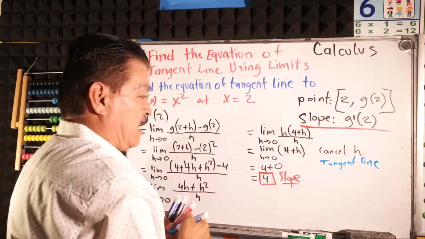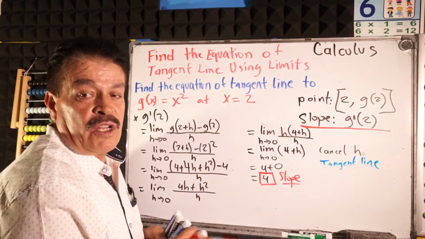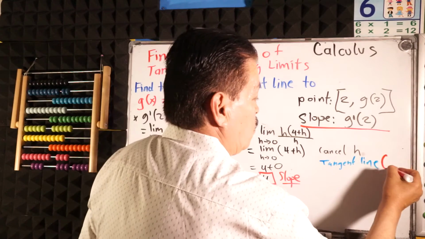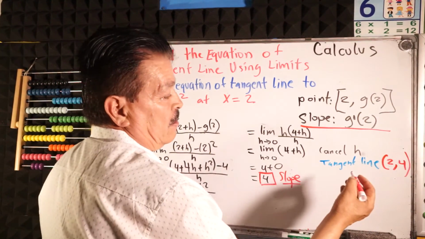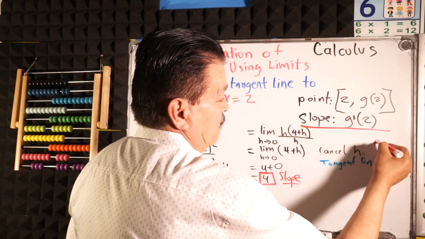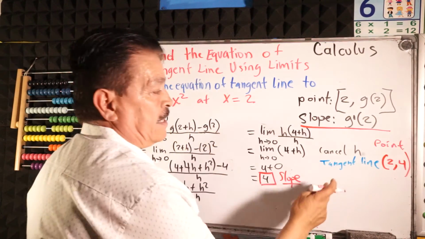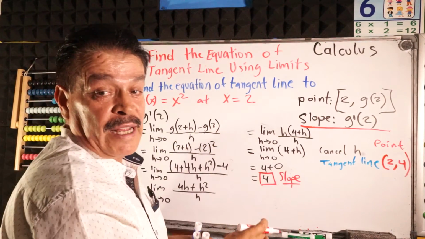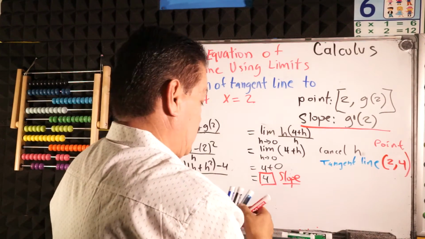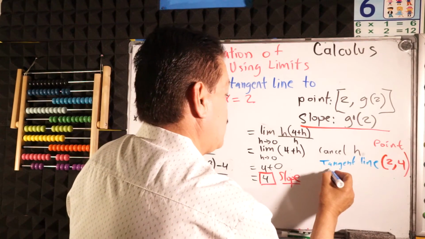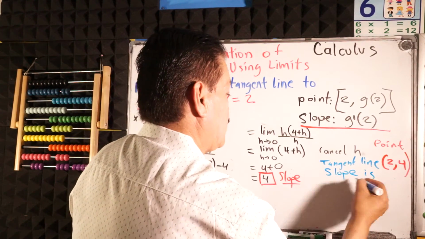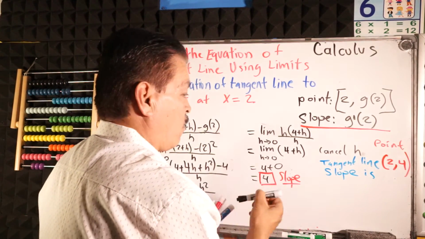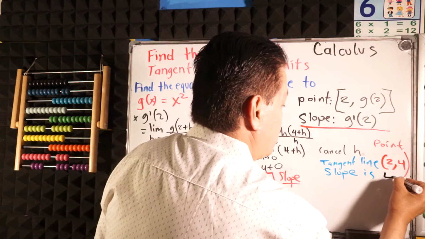The point is 2, 4. This is a point. The tangent line goes through that point, and the slope is 4, right here.